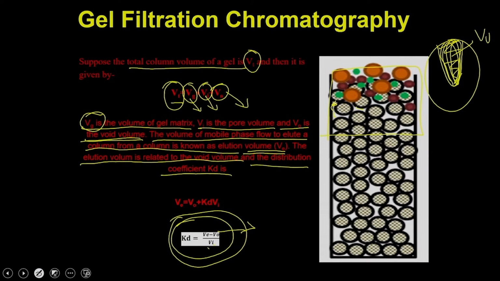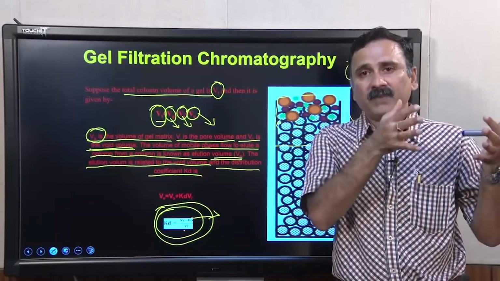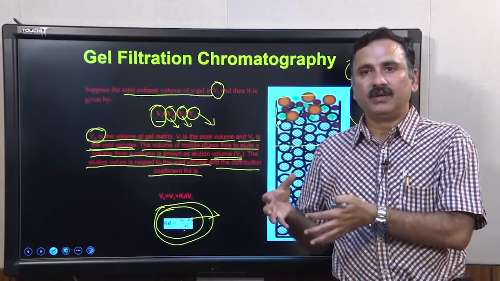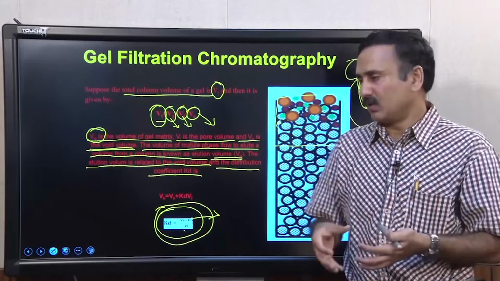The concentration of the molecule within the pore versus the concentration outside is known as the distribution coefficient, and that is a very important parameter to characterize or evaluate any protein or any molecules within gel filtration chromatography.